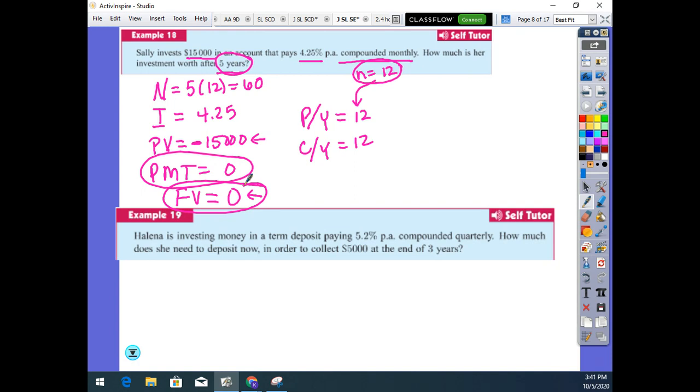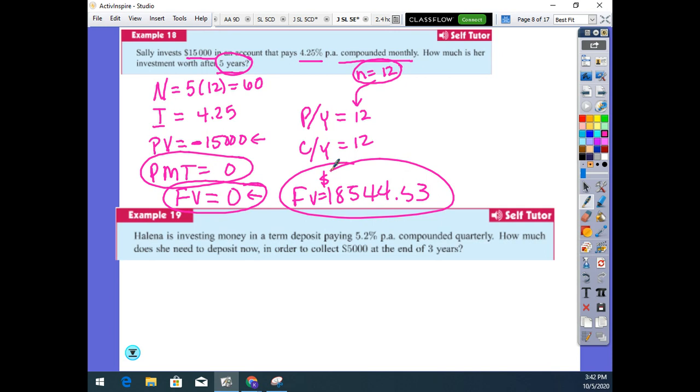It's going to solve the problem for you, but you have to be on the future value. Your cursor has to be on the future value right now because that's what you're solving. You're telling the calculator to solve it. And we get a future value once you hit enter of 18,544.53, and that's my answer.